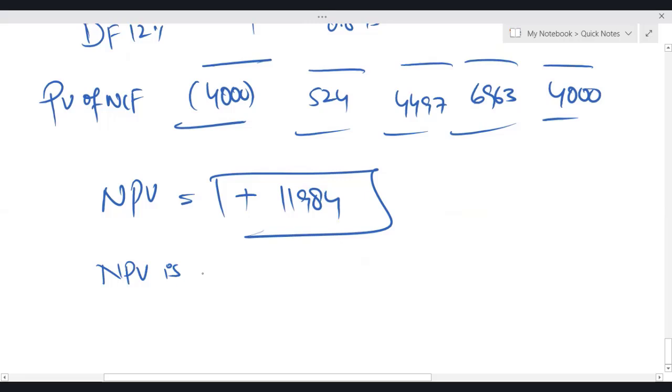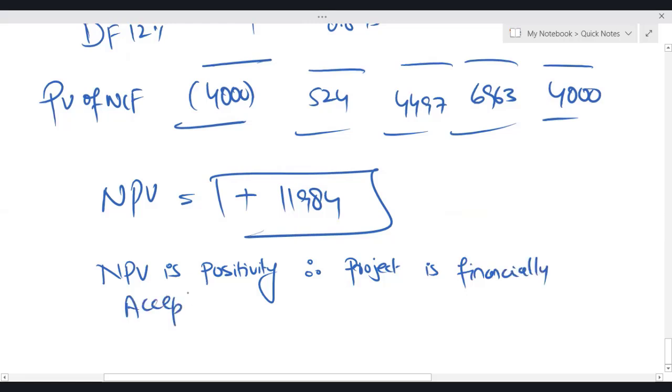NPV is positive. Therefore, the project is financially acceptable. NPV is positive, so that is why the project is financially acceptable.